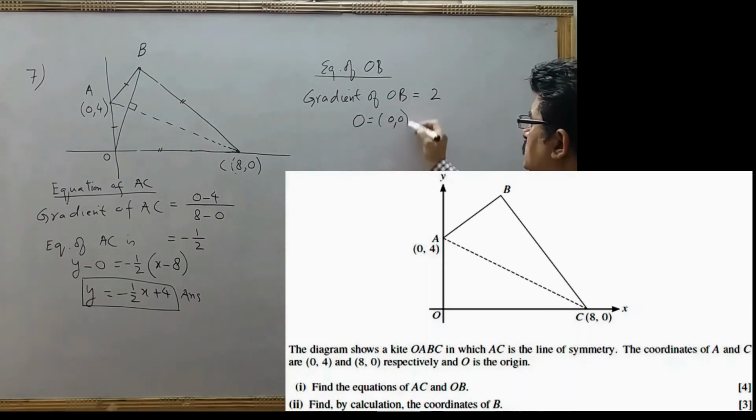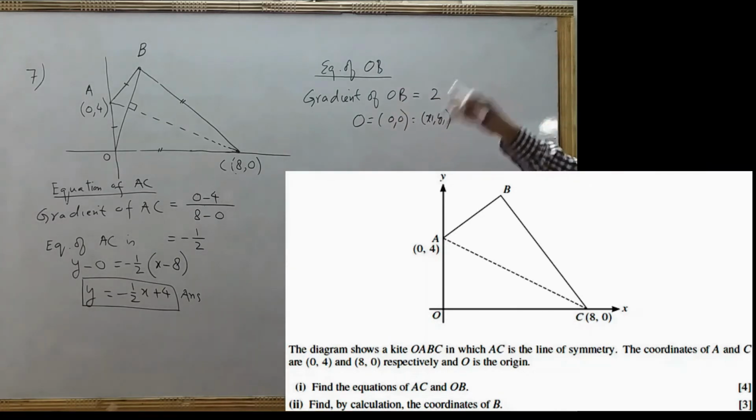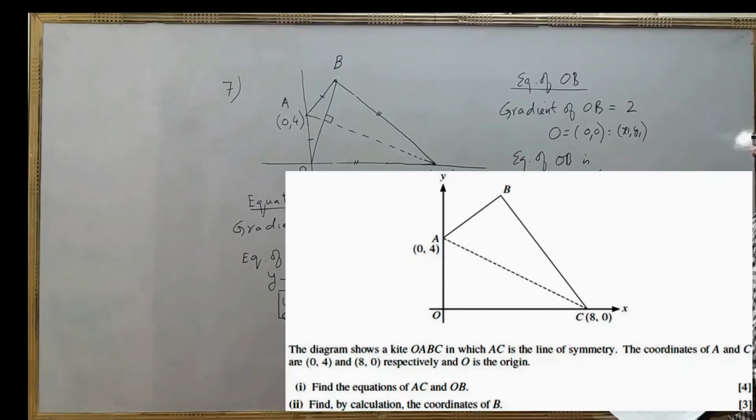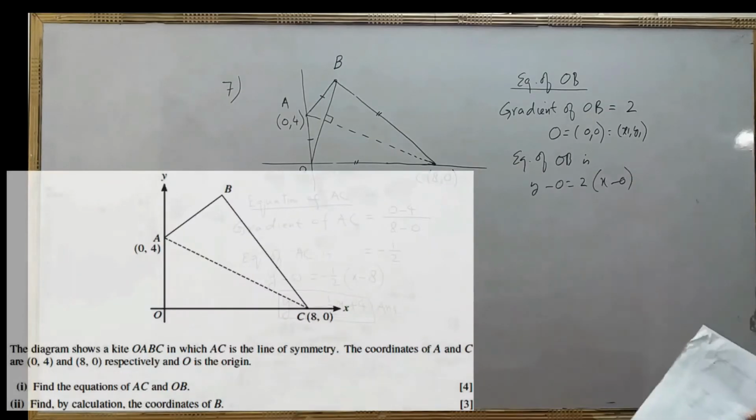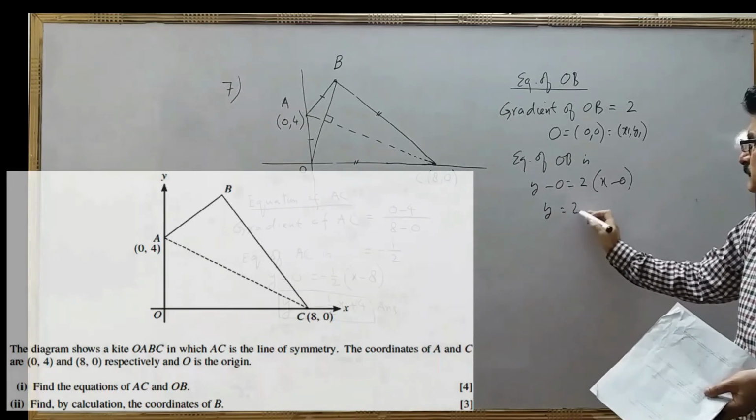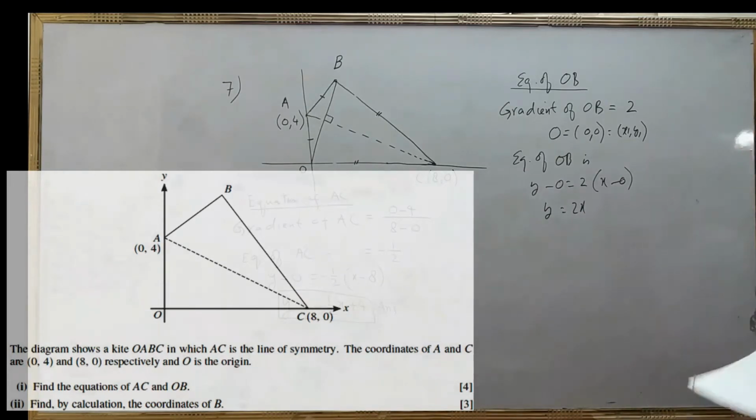It has coordinates 0, 0 as x1, y1, because OB passing through O lies on OB. So equation of OB is y minus y1 equals m into x minus x1. The answer is y equal to 2x.